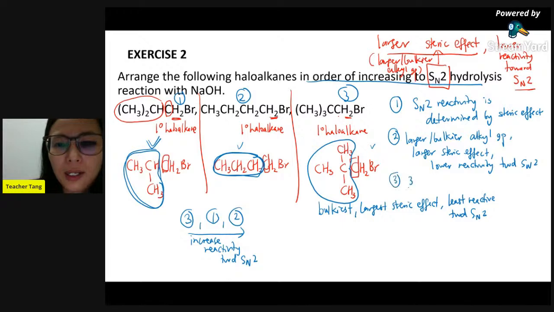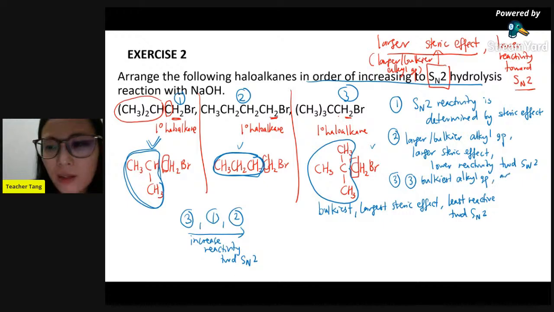And then you can say number 3, the bulkiest alkyl group, largest steric effect, so least reactive towards SN2.